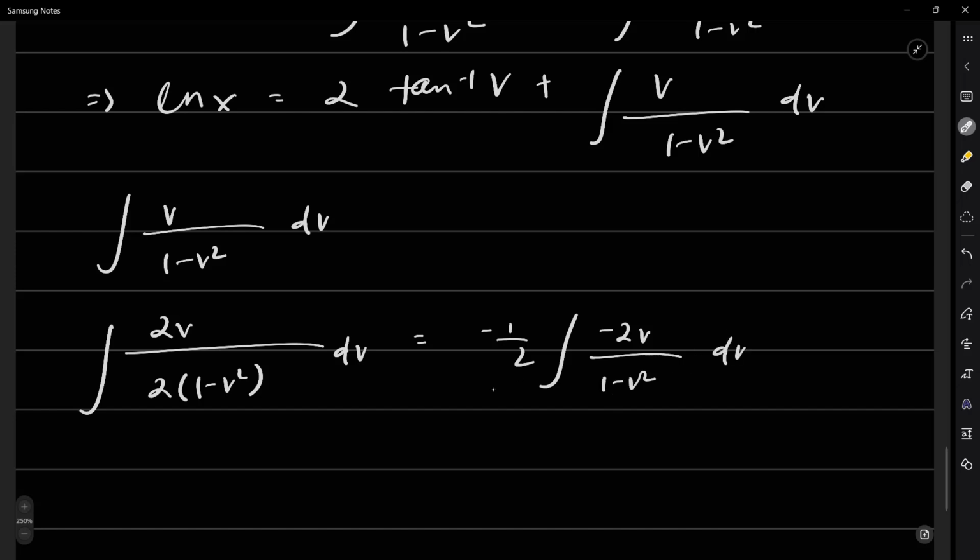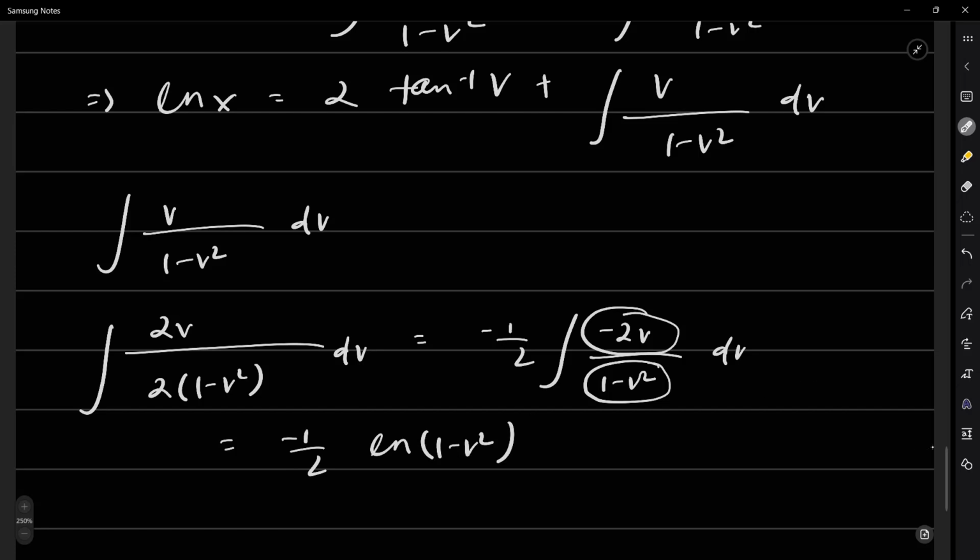So now we can see that the derivative of the denominator term is the numerator term, 1 minus v square. Its derivative becomes minus 2v. So we can write that the integration of the whole term can be minus 1 by 2 ln 1 minus v square.